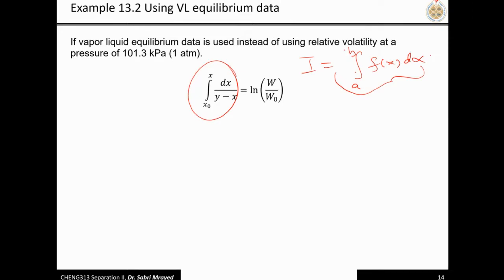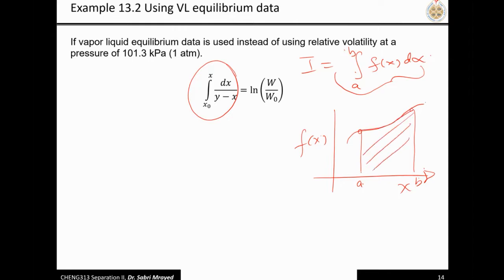What is this? Any idea? If you have a function from A to B, and you want to get the integration, what is this called? The area under the curve.